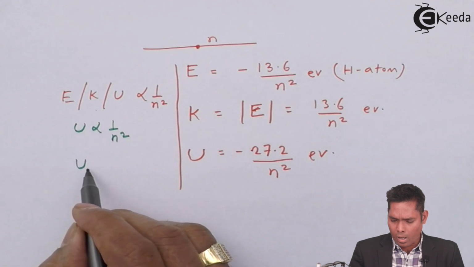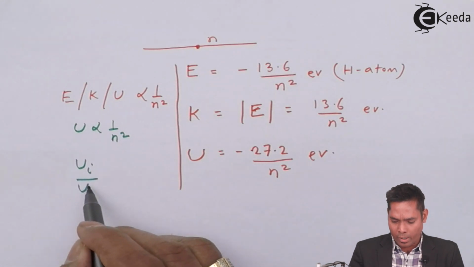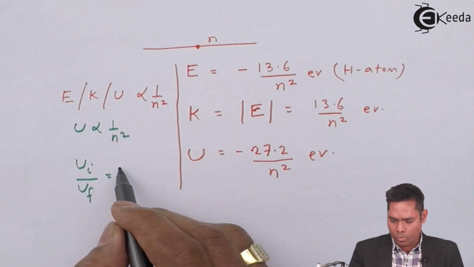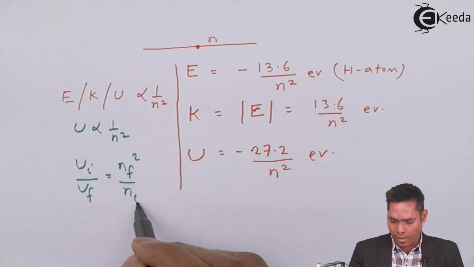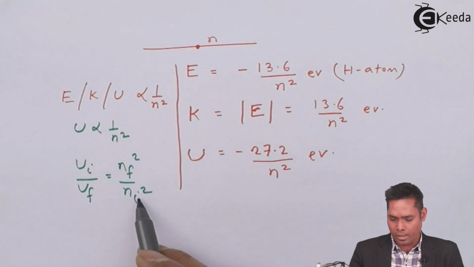So Ui divided by Uf, or Vi by Vf, is equal to Nf square by Ni square, because this is inversely related to n square.